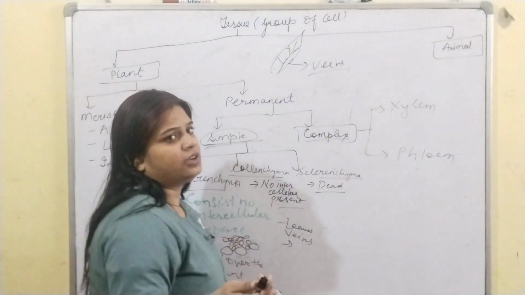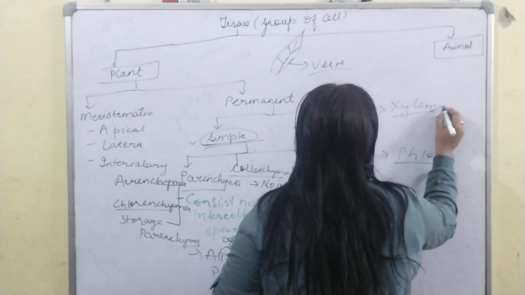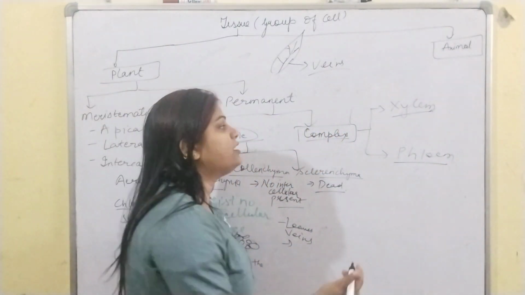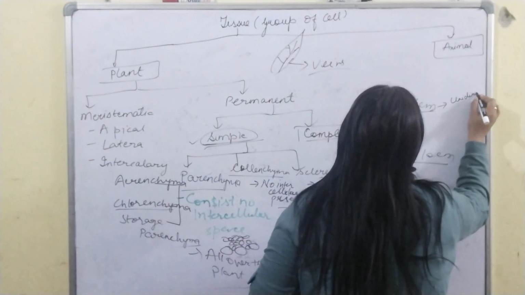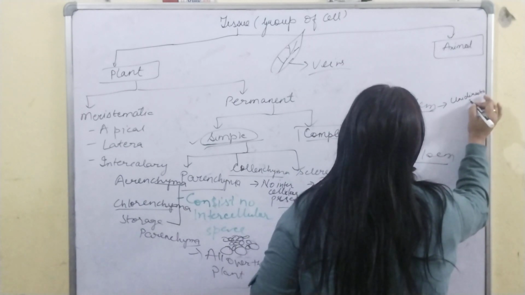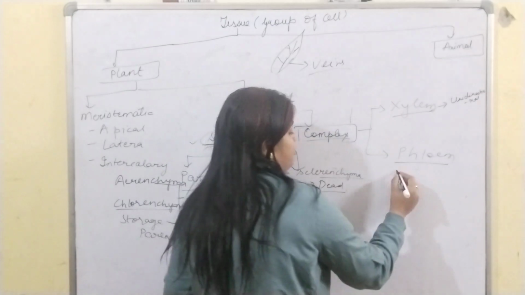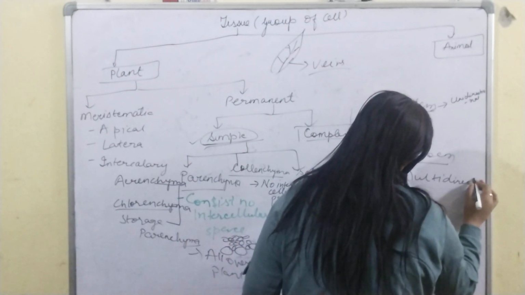So one important point here is that in the xylem, the conduction is unidirectional. And the conduction of food in phloem is multi-directional.